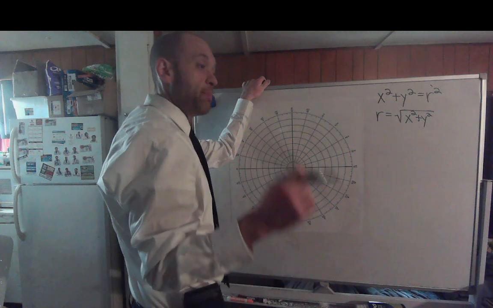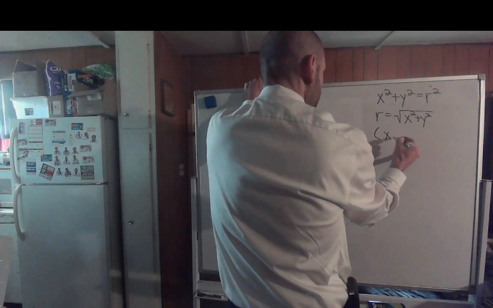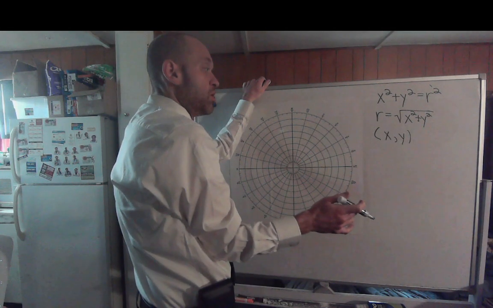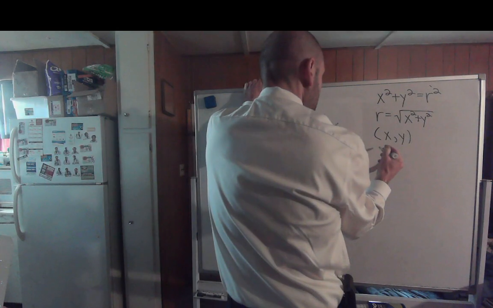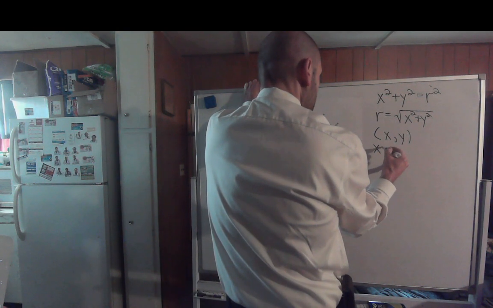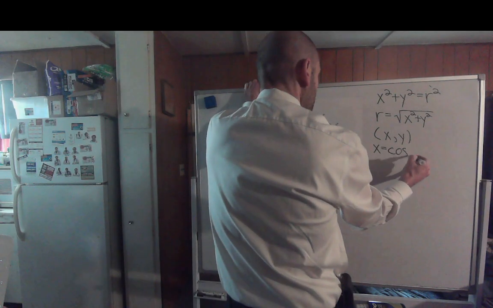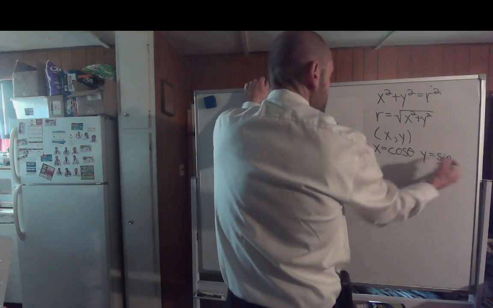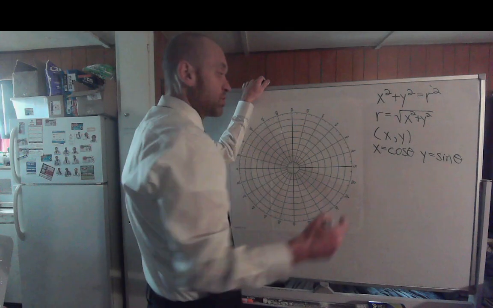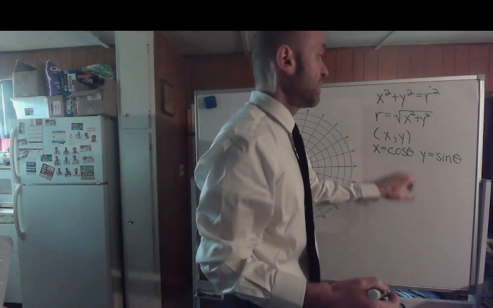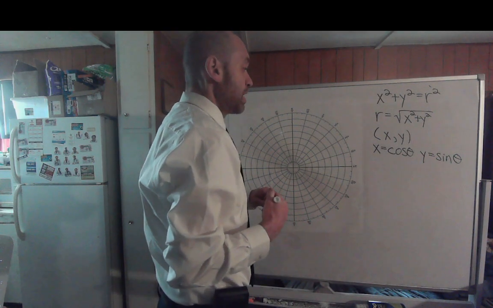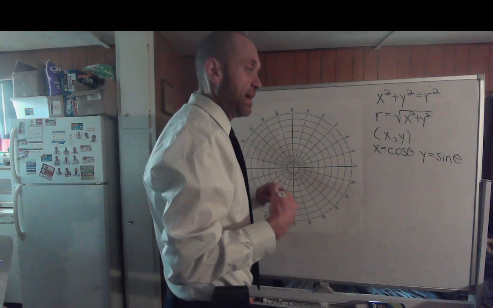Okay, now what about the angle? So in rectangular coordinates you have, of course, an ordered pair (x, y). Well, x traditionally is equal to the cosine, where y is equal to the sine. Ever since we introduced trig in the unit circle, x has always equaled the cosine of theta, y is always equal to sine of theta. So how would you go about finding that angle, however?